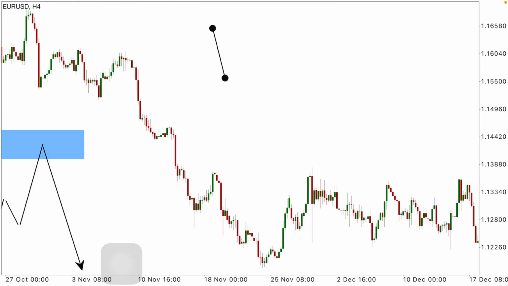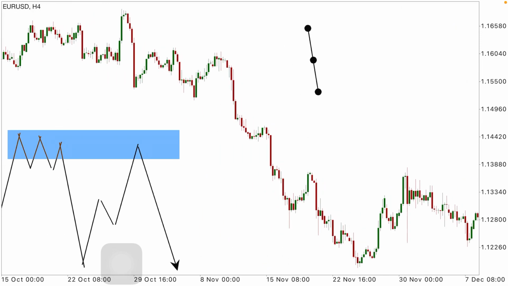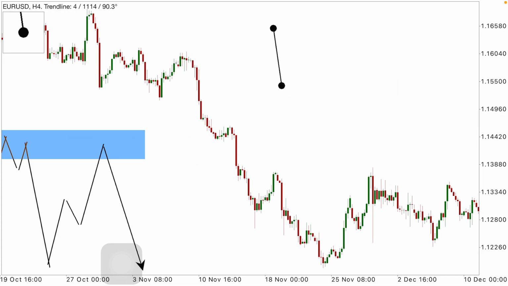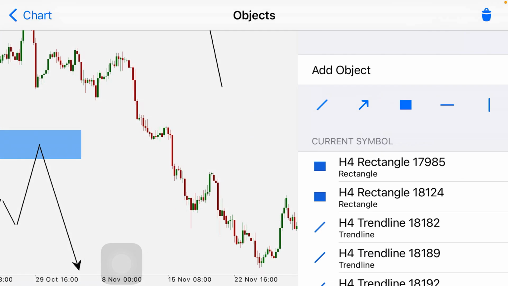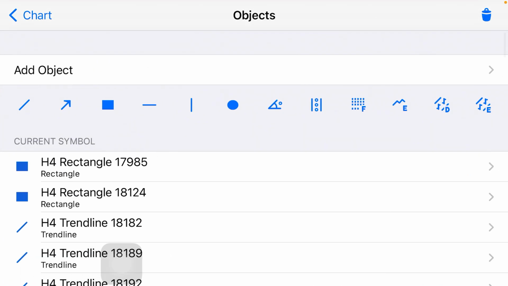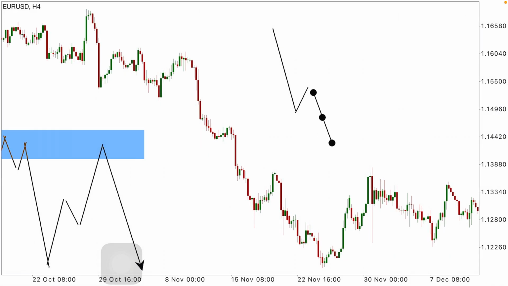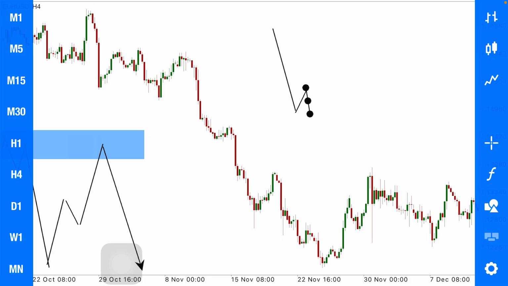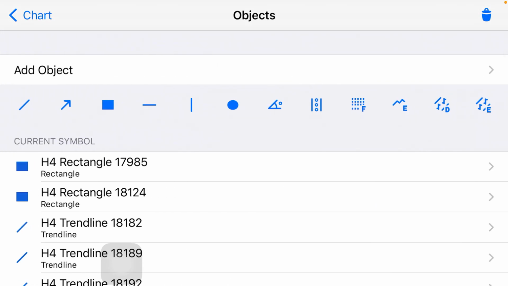Price makes something like this. The market is actually in a sell phase, and now it comes to a particular point and forms a resting phase, which we call the base.